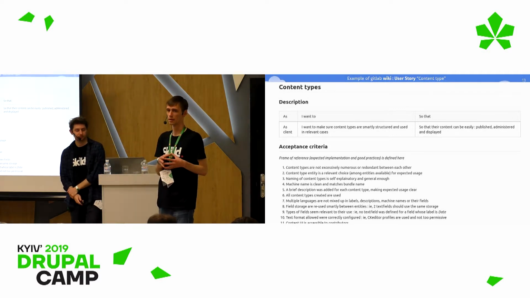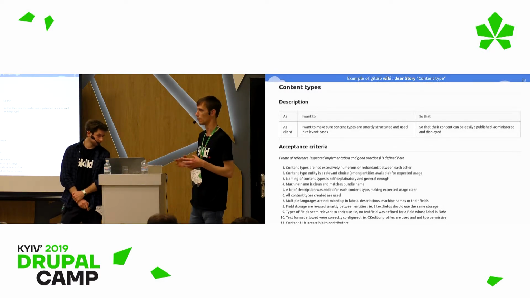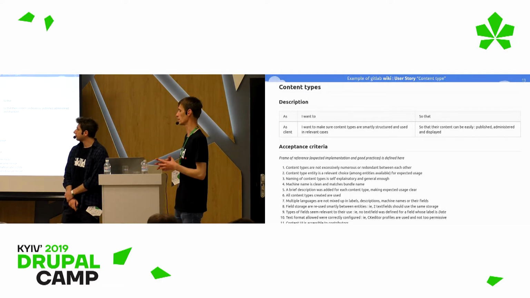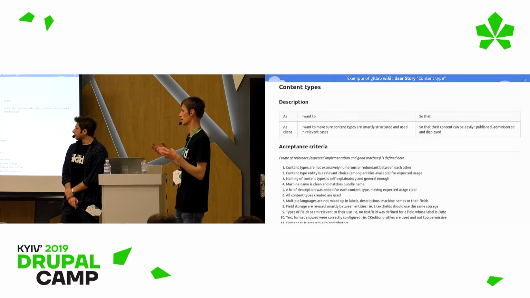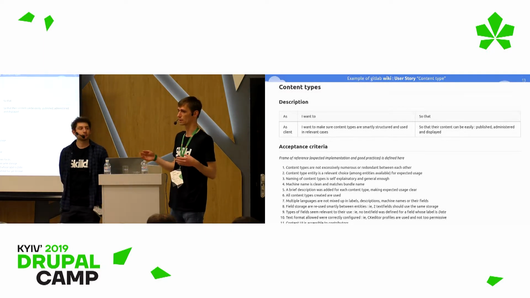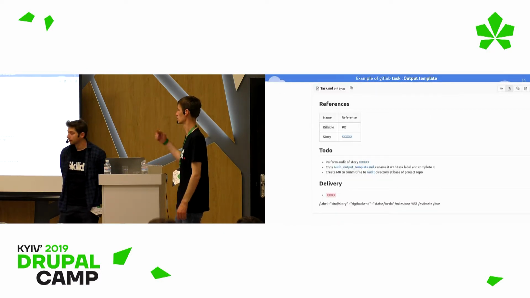The Drupal developer will know exactly what he needs to do, and the project manager will get a report in the format he wants. And on top of this, we have GitLab, and every task goes through a merge request, so you have a way to discuss in comments and so on. We will show you a bit later.